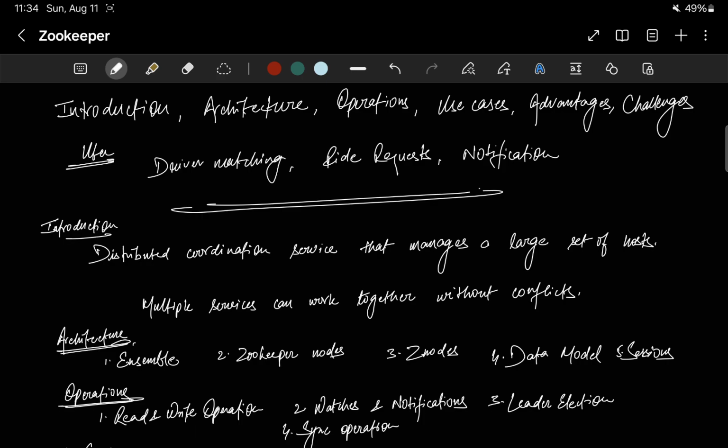Also, just one thing to point out: if in an interview somebody asks you to design any big system where multiple microservices are involved, where there needs to be coordination and consistency, you can talk about ZooKeeper there.